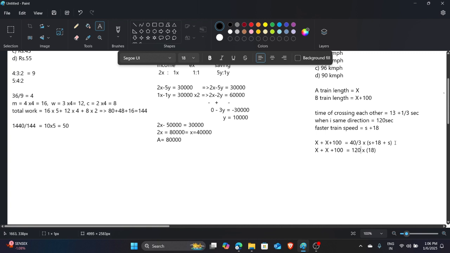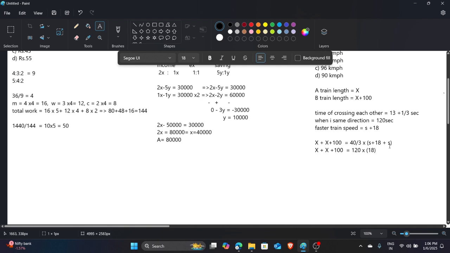It means one is coming from one direction, one from the other, so the relative speed is the addition of both. And when they are in the same direction, the faster train will overtake the slower with the speed that is the difference between the two trains. With the help of that speed the faster train overtakes it, so the difference is 80. So I take it here.